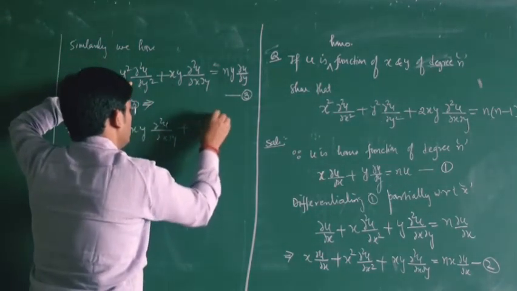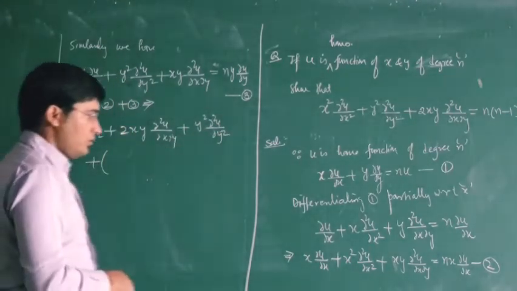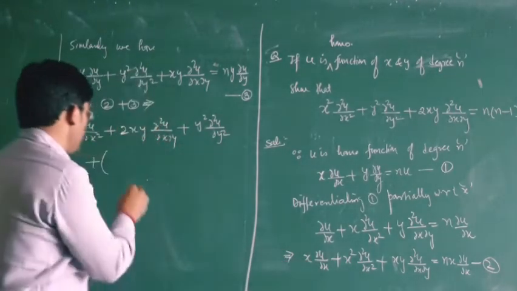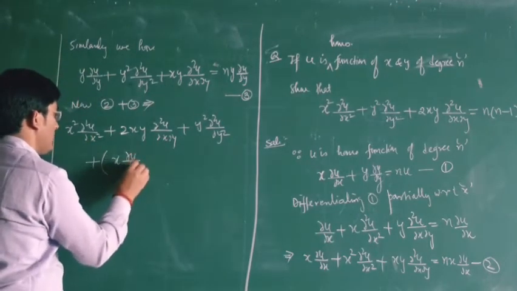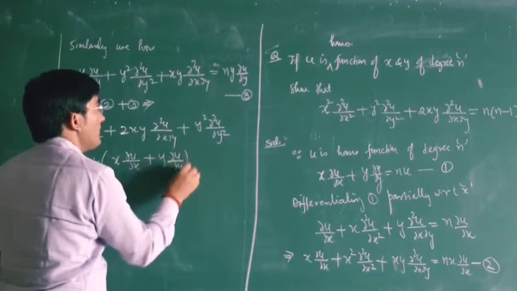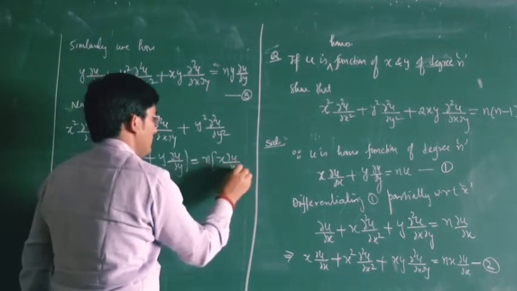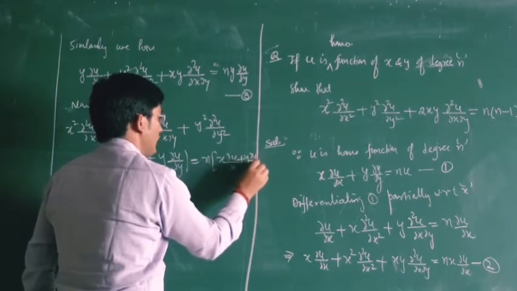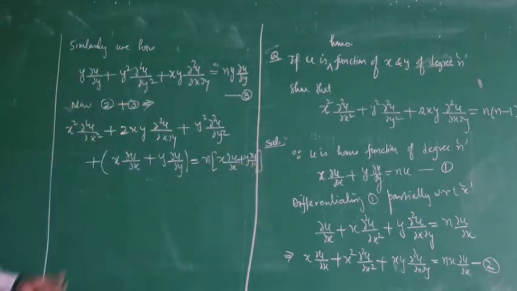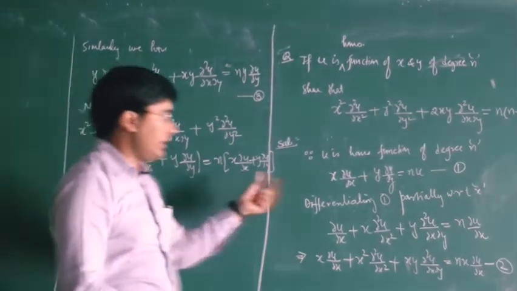and then we will have x del u upon del x plus y del u upon del y equal to n times x del u upon del x plus y del u upon del y. Now the value of x del u upon del x plus y del u upon del y is equal to nu.